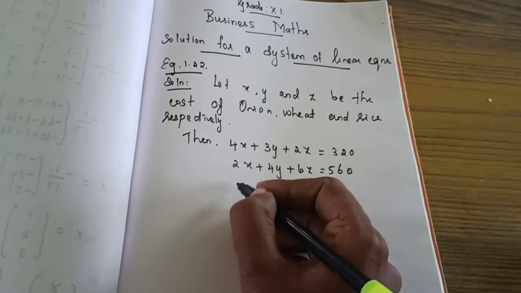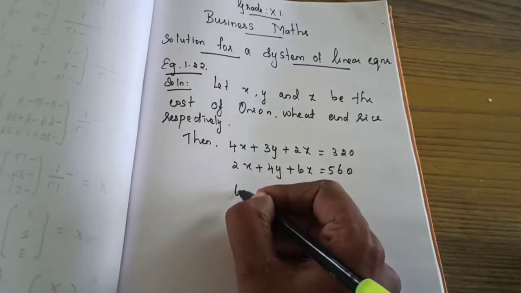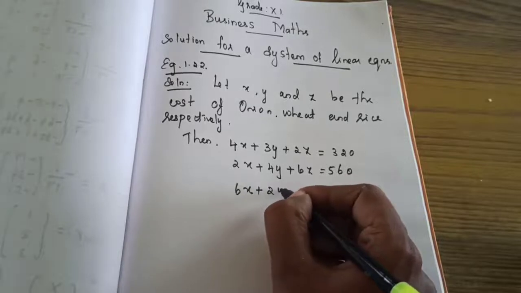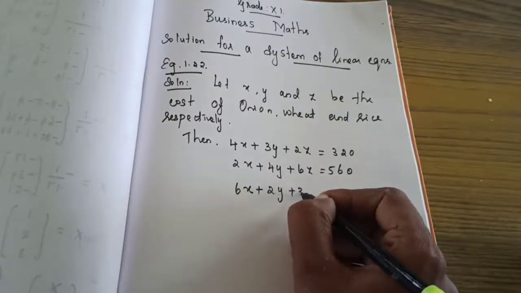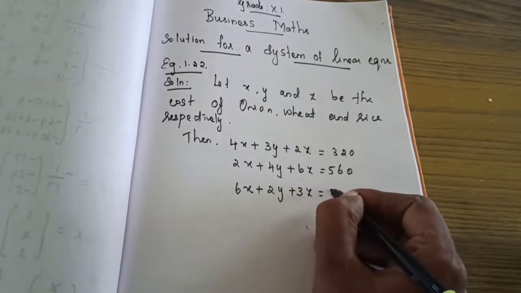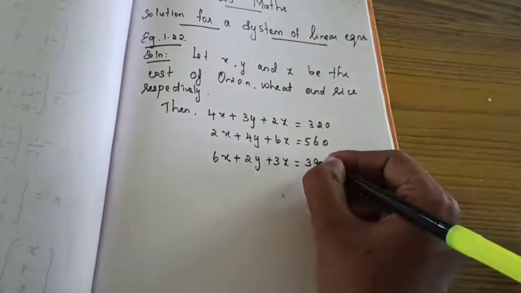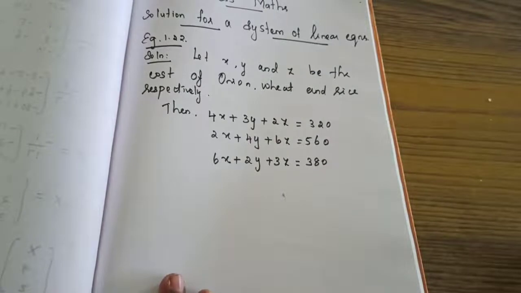Finally, the cost of 6 kg onion, so 6x, plus 2 kg wheat, that is 2y, plus 3 kg rice, that is 3z, is equal to 380. Now I have formed 3 equations.